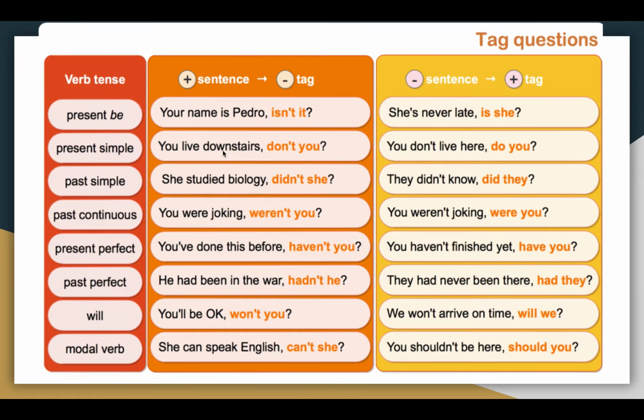You live downstairs. This is present simple. You live downstairs, don't you? If you're going to be more specific about it, you can say "you do live downstairs." That's why you use "don't you." Next, she studied. This is in the past simple form.